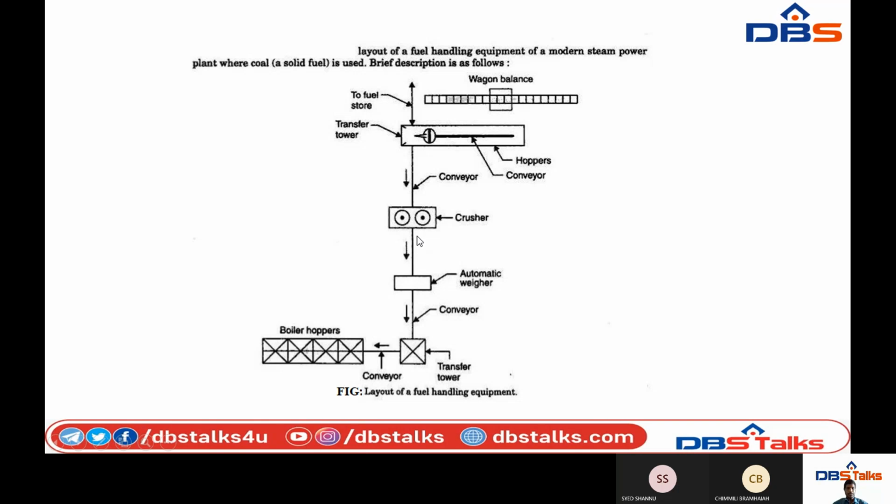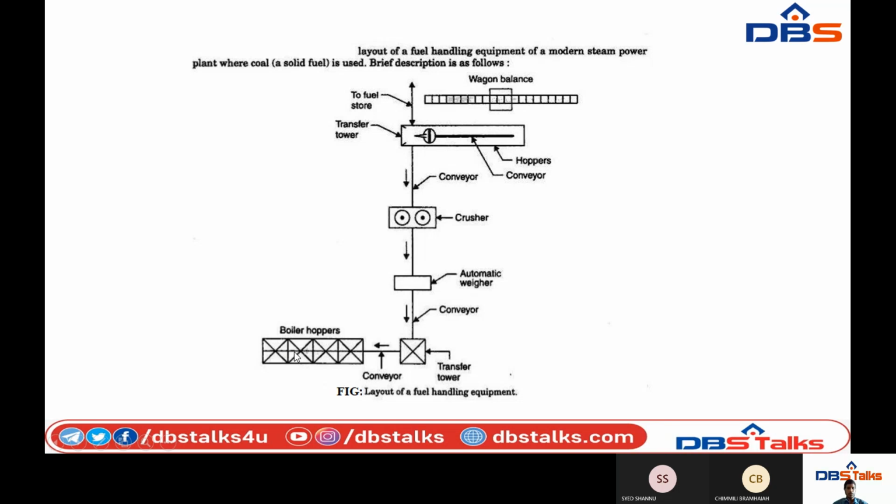Then the automatic weigher. The automatic weigher is used for weighing the coal pieces. Based on our requirement, the automatic weigher selects the coal piece and sends it to the transfer tower using a conveyor again. Then the conveyor sends the coal into the boiler hoppers.